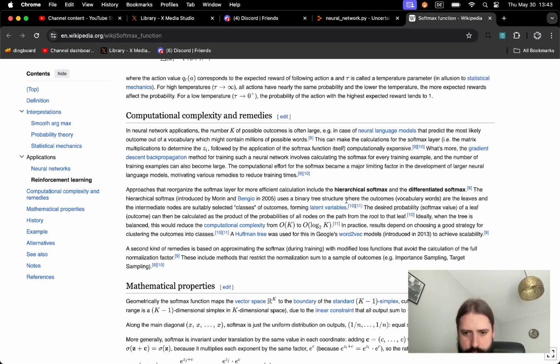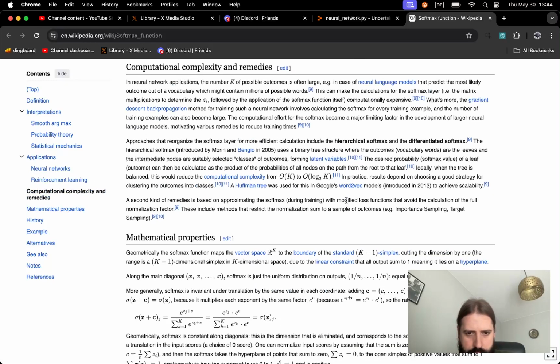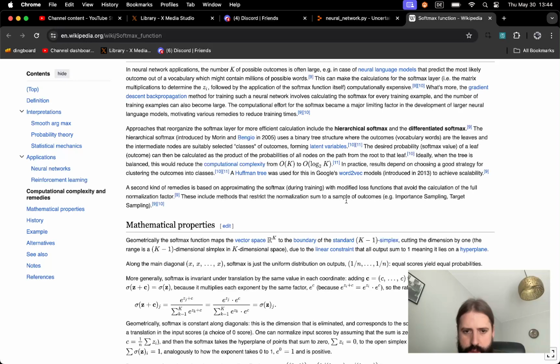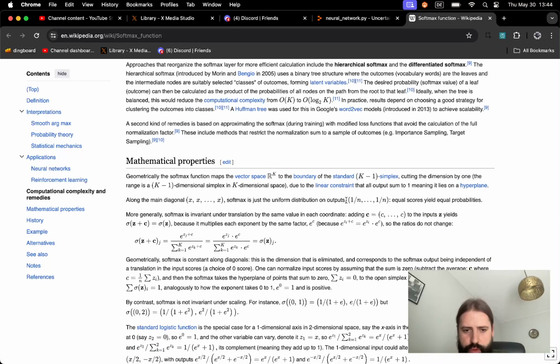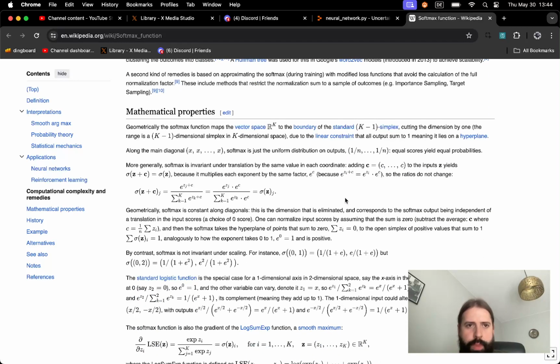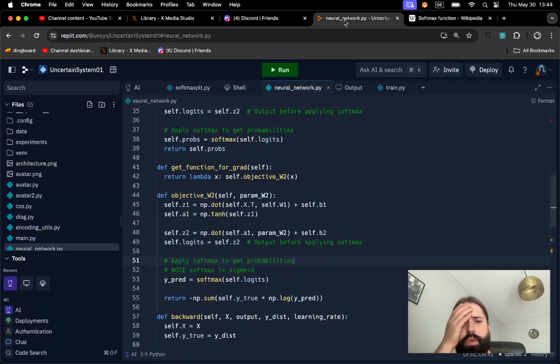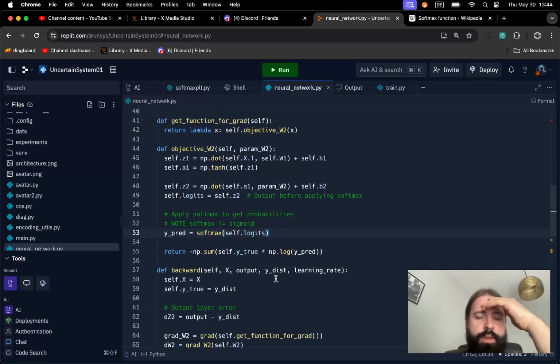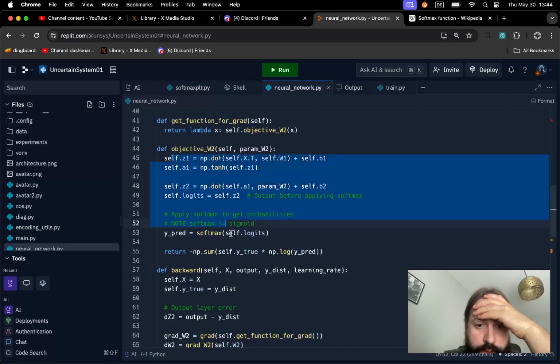The point is, maybe I'm using this wrong. Like y_pred is the, so this is really what I'm deriving, right?